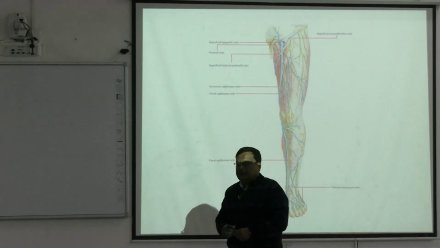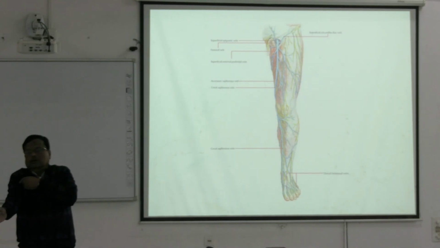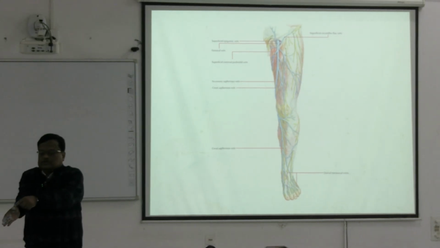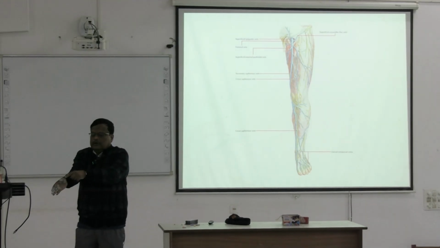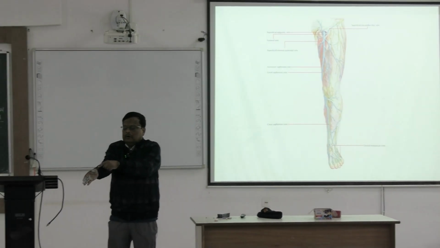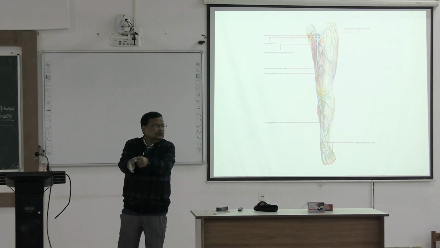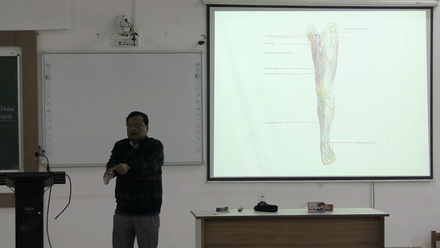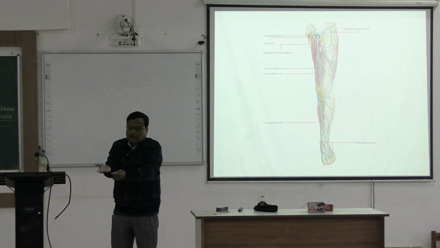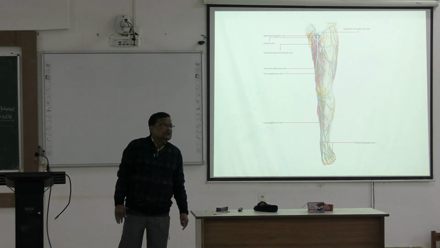Actually, during development, in the superior and inferior extremity, the radius in the case of the superior extremity, this is the thumb, radius, this is called the preaxial border. This lateral border is called the preaxial border, and the little finger and the ulnar side is called the postaxial border.